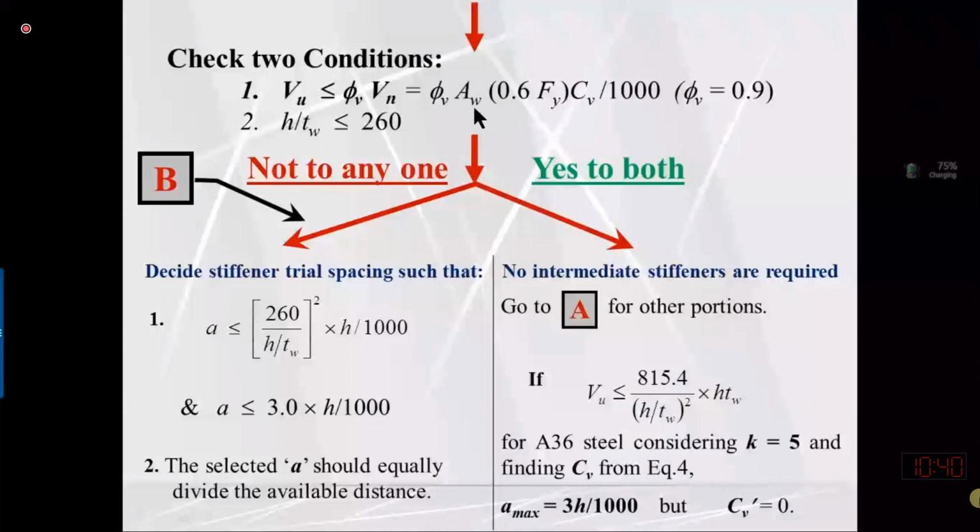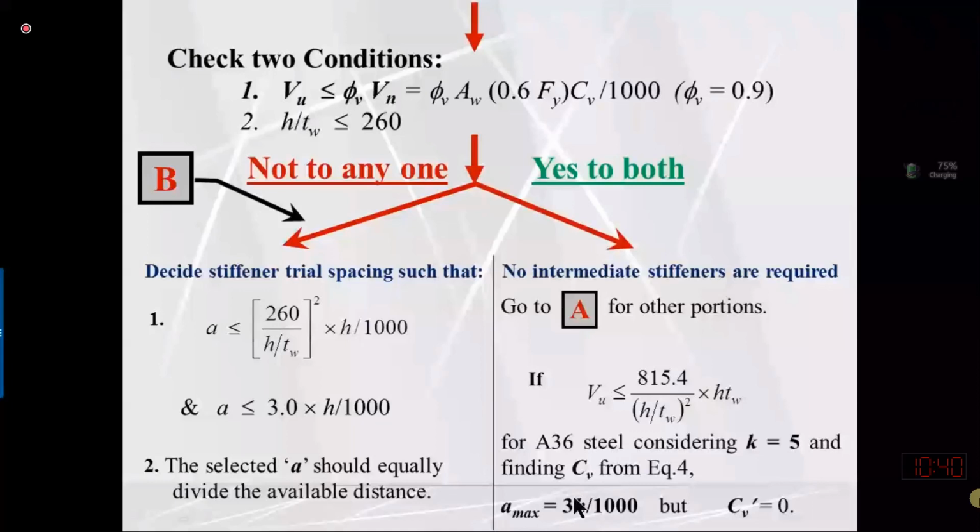But again, AISC recommends that even though the stiffeners are not required, we need to provide these stiffeners at a maximum spacing of 3h. So stiffener will be provided at a maximum spacing of 3h, even though the stiffeners are not required. What does it mean? If spacing of the stiffener is more than 3h, we will assume that the stiffeners are not contributing to the shear strength.